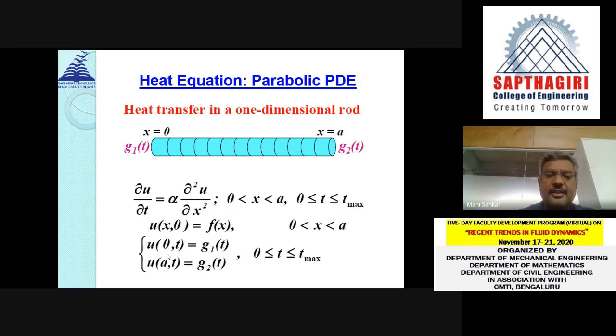And the second and third conditions, if you see together, are nothing but the temperature of the rod at the initial and end locations of the rod. So that is true for all time. For all the time, we are maintaining the same temperature at the end locations. So these are the boundary conditions for this particular problem, and this can be generalized to any partial differential equation.